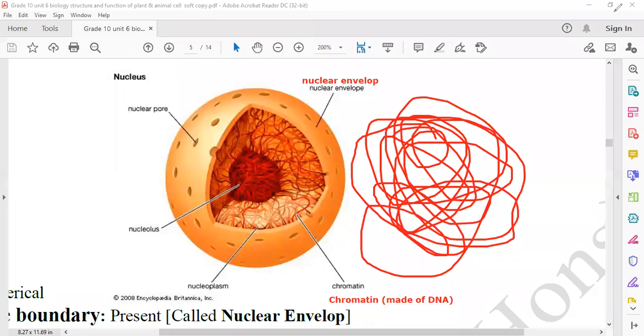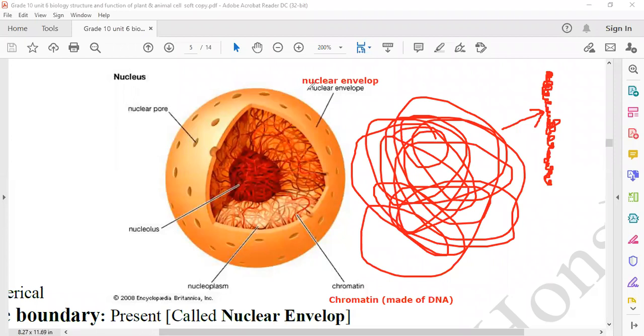Chromatin. When in the cell there is a process called cell division, when the cell division comes, it will coil tightly and form a thread-like structure. That means this is becoming this.